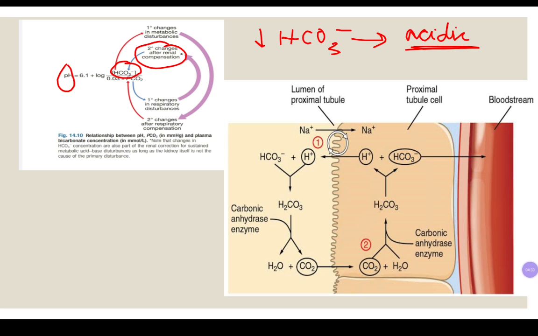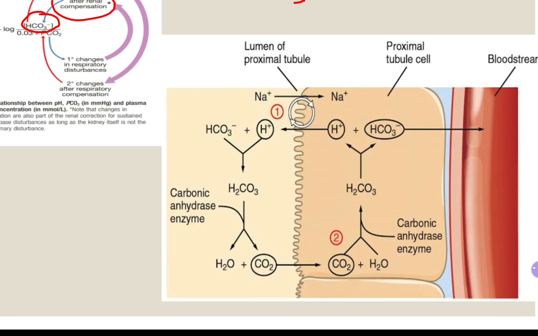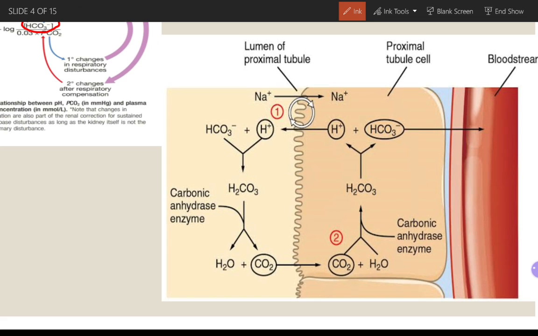Okay, so now let's talk about the renal control of the acid-base balance. This diagram that you can see shows the control provided by the proximal convoluted tubule. In the kidney, the pH is controlled at two levels.